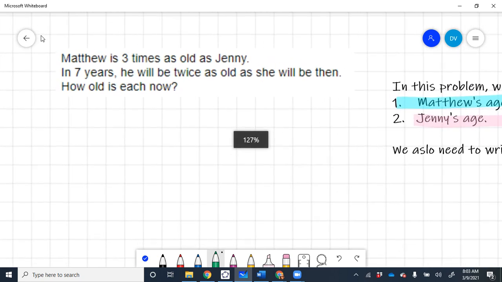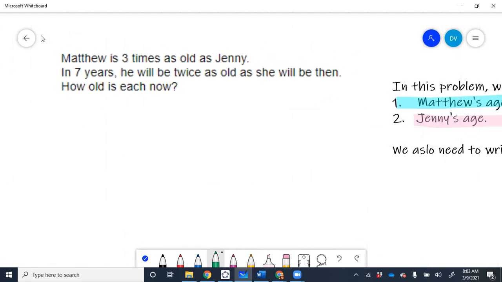Let me blow it up a bit here. This first equation we're going to get by using this sentence. Matthew is 3 times as old as Jenny. Remember we said we're going to use M for Matthew. So instead of saying Matthew is, we want to write M equals. Matthew is.